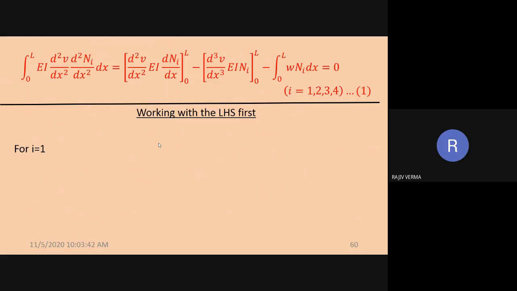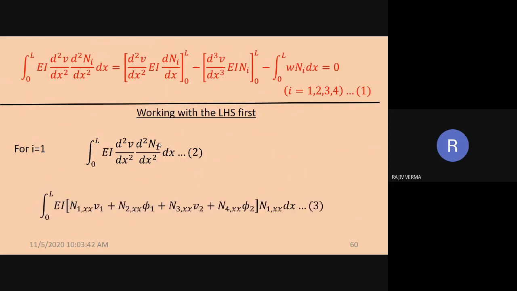For the value of I to be 1, we get expression number 2, which in expanded form is expression number 3. We simply have substituted the second order differential of V to get expression number 3.